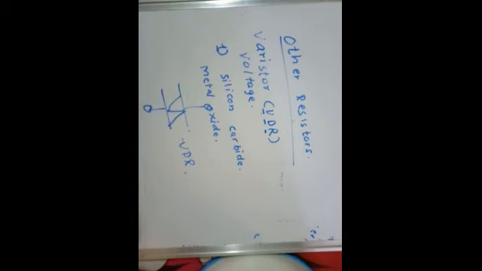Now here we have completed the resistor part, and afterward we are going to start the capacitors. In the case of resistors, we have seen there are two types: fixed and variable. In fixed, we have seen the carbon composition and the wire wound, and in variable we have seen the potentiometer and the rheostat.